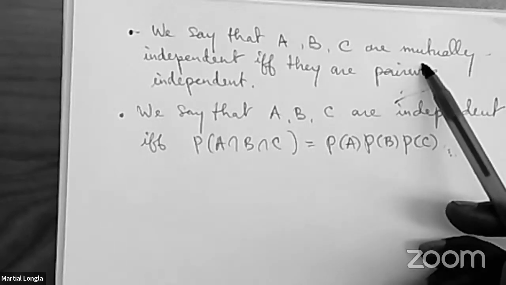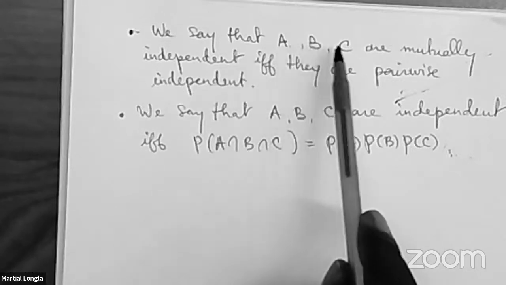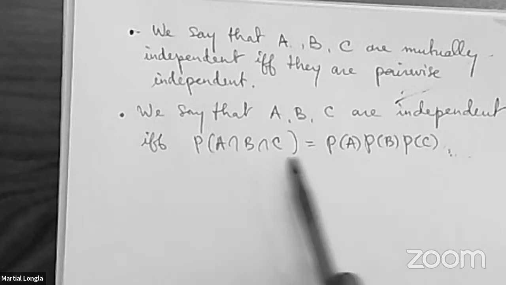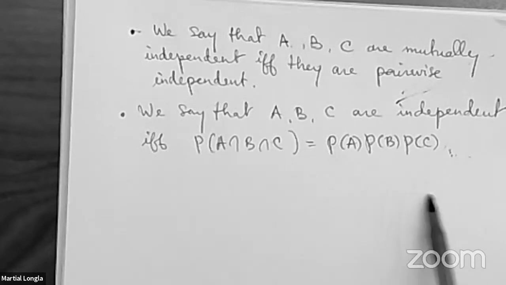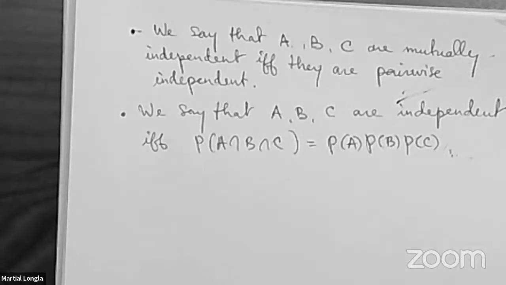Independent implies pairwise. Meaning that there are cases when you have three events that are independent two by two, but for the three of them, this equality is not satisfied. But anytime this one is satisfied, that condition is satisfied as well.